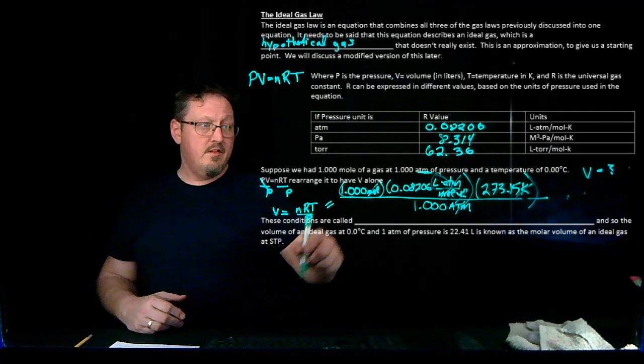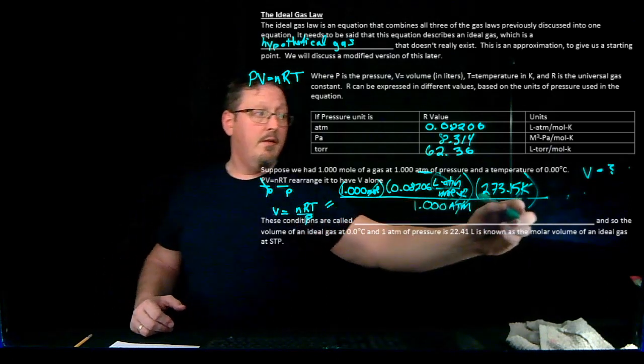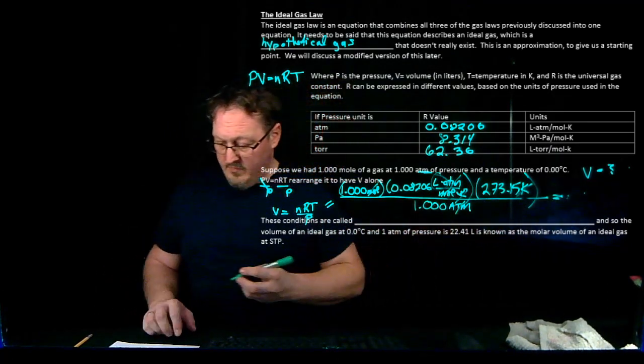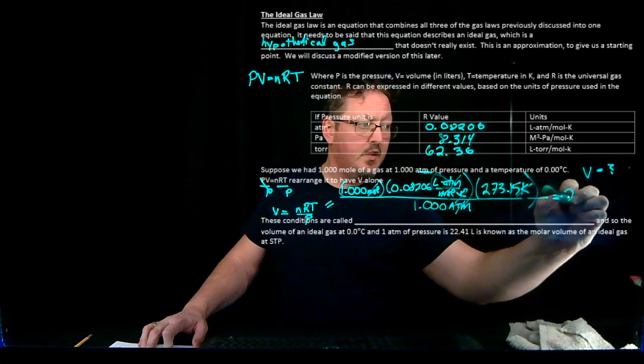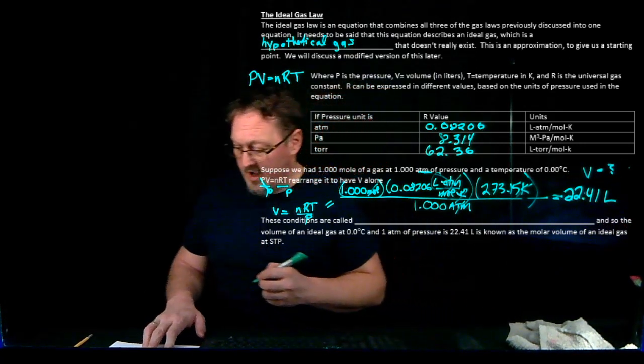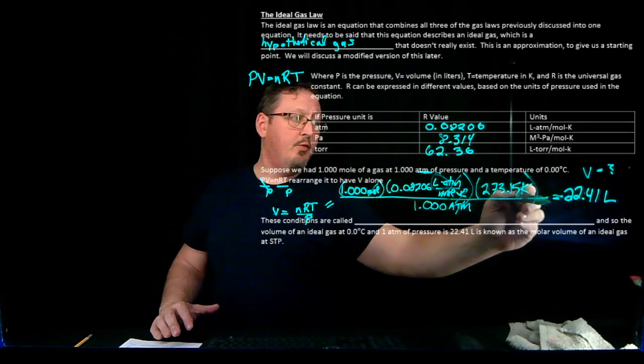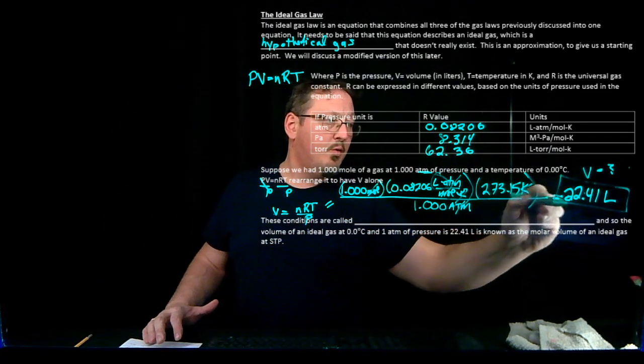Now we do the math on this. 1 times 0.08206 times 273 divided by 1. We're going to end up with a number that should be pretty darn close to 22.41 liters. This 22.41 liters is an important number for us.